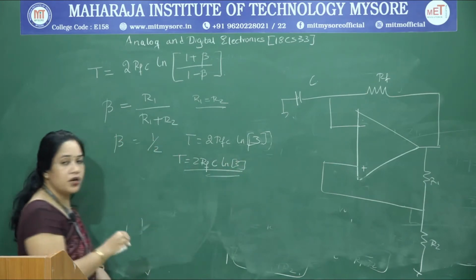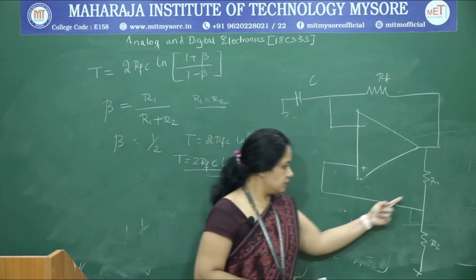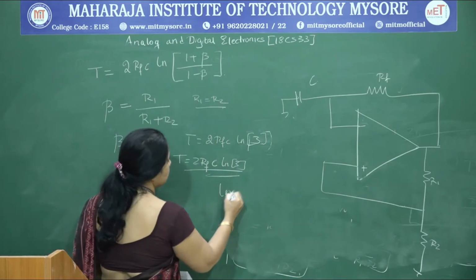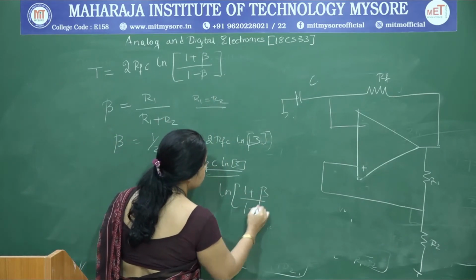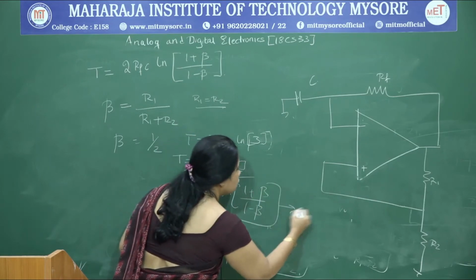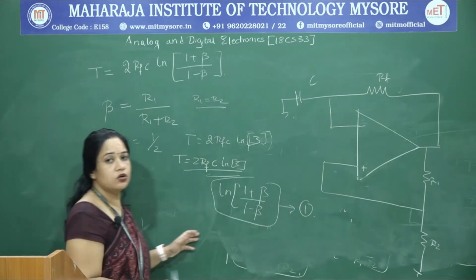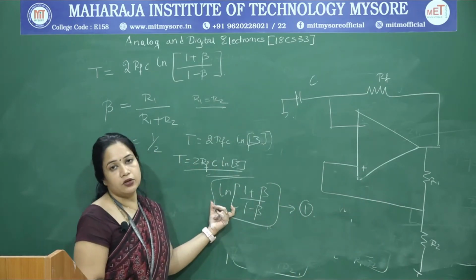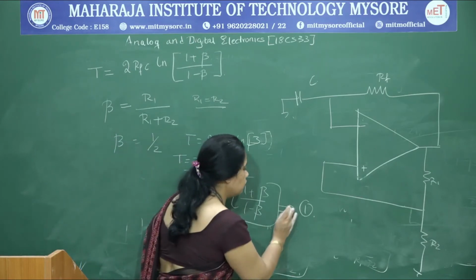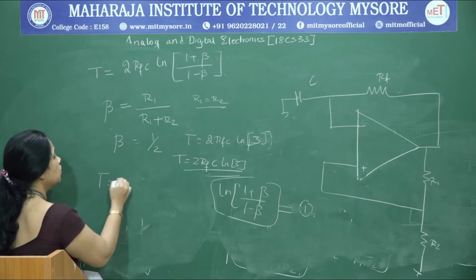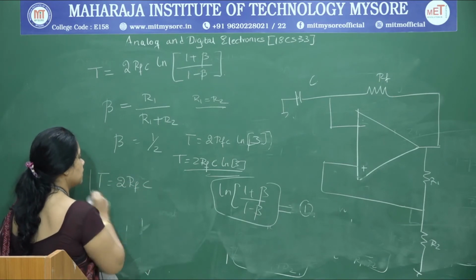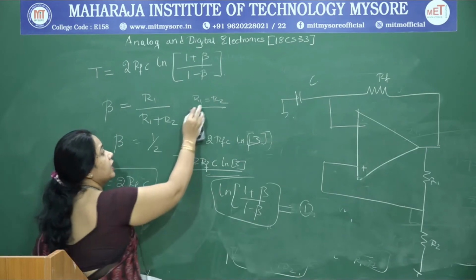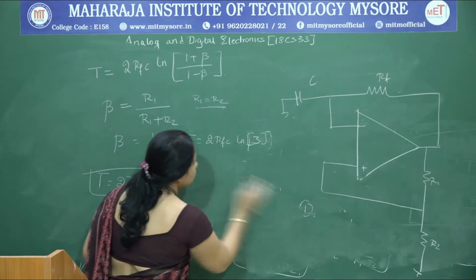To simplify things, I take values of R1 and R2 such that this logarithmic value, logarithmic of 1 plus beta by 1 minus beta, becomes 1. I choose values of R1 and R2 which make this logarithmic value equal to 1. If this is equal to 1, the expression just reduces to RfC, making the design simpler.